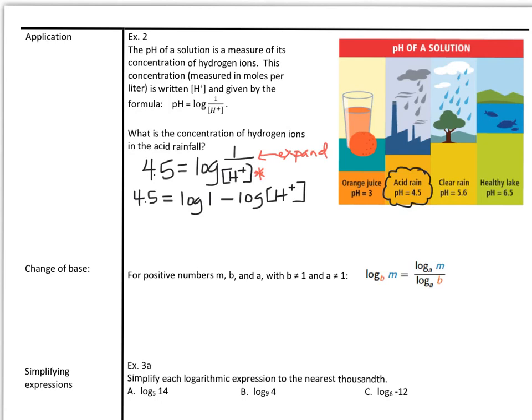And this brings us back to our last topic on how to solve equations. Recognizing that log of 1 is 0 because 10 to the 0 power equals 1, what that allows us to do is kind of eliminate that from the problem altogether. 0 minus log H+ is just going to be negative log H+.